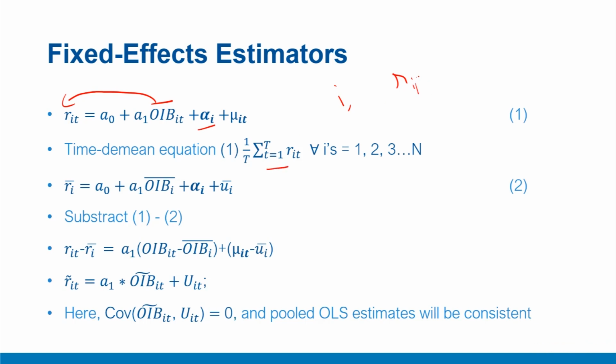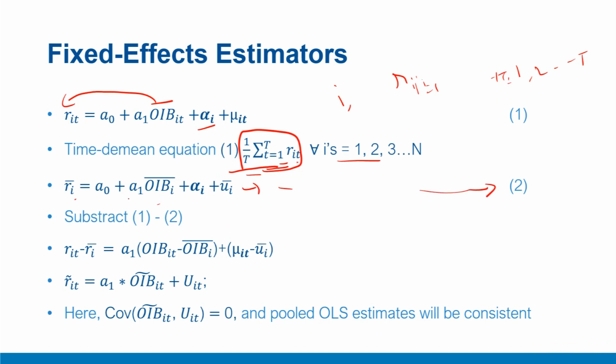For example, for security i equal to 1, we take the average over all the times from t equal to 1, 2 and so on up to time T. This time averaging is reflected by the term, summation t equal to 1 to T of RIT divided by T, for all i. For all the variables, including returns and order imbalance, we can perform this time averaging, and the resulting time average equation is represented by equation 2.